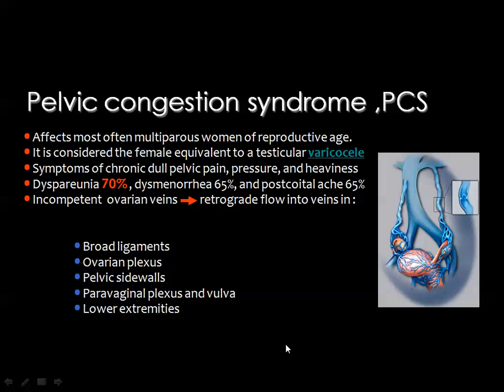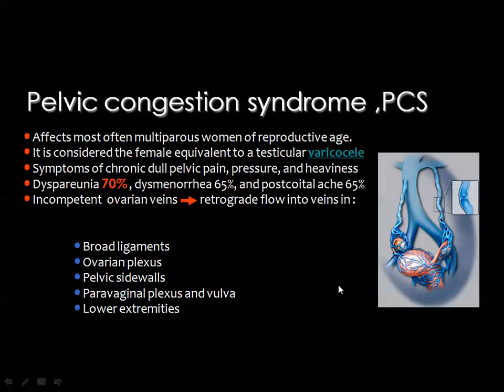Then we come to the pelvic congestion syndrome, which means that there are abnormally dilated veins in the pelvis, and sometimes they refer to this syndrome as the equivalent of the testicular varicocele in males. The symptoms are usually in the form of chronic, dull pelvic pain, pressure and heaviness, dyspareunia, dysmenorrhea, and postcoital ache.